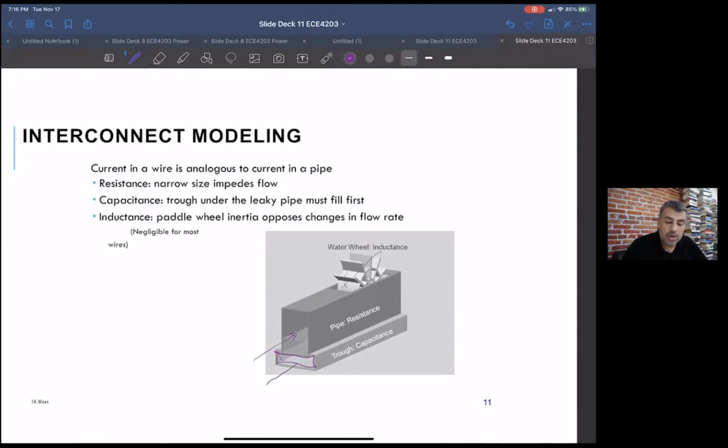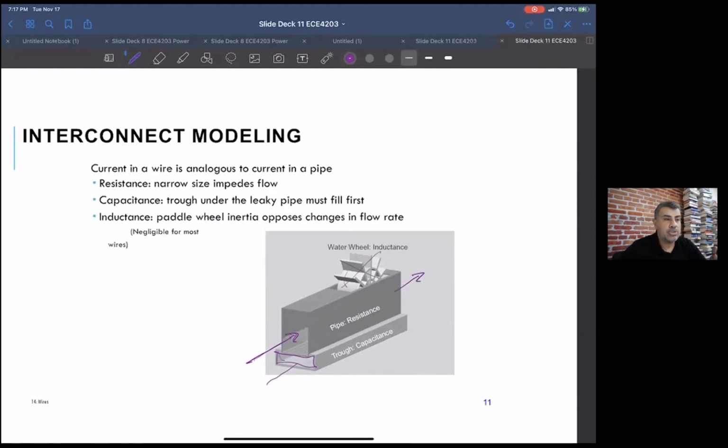Since we don't worry about the wheel, the analogy here is all things that are resisting, because there's actually an aspect called resistance. I guess these are fighting against the flow of current or flow of signal, or whatever you want to think about, from one end of your connection to the other.